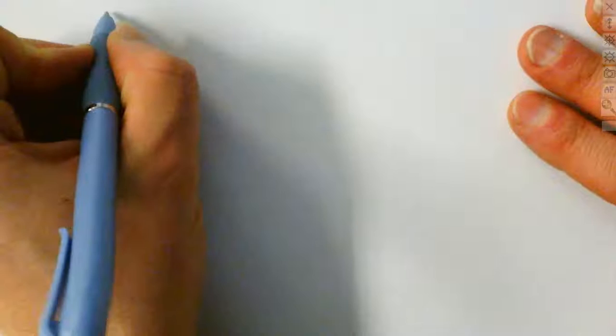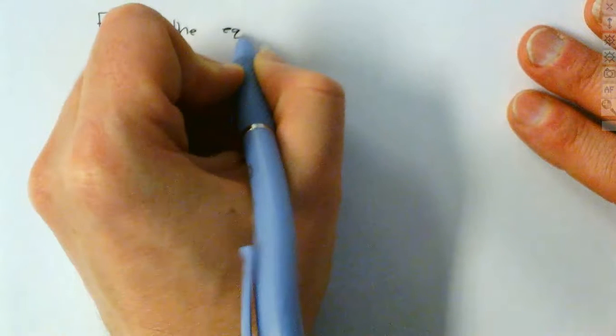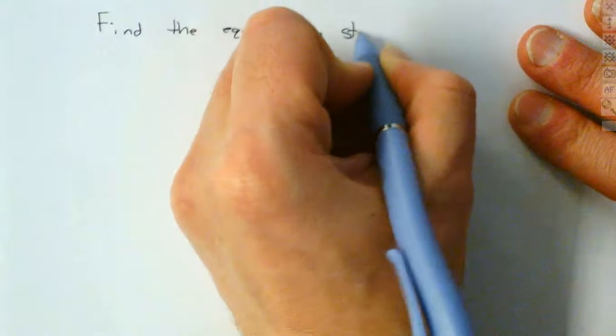Let's look at one more of these, and this one's going to be parallel, and we'll put this one in standard form. The last one was slope-intercept, and the last one was perpendicular, so we'll do this one in standard form with parallel. So let's find the equation in standard form.